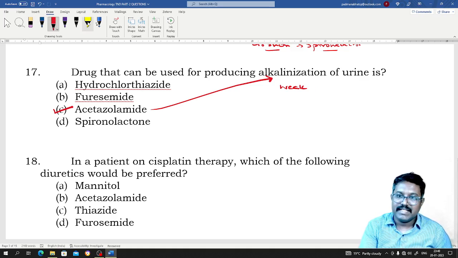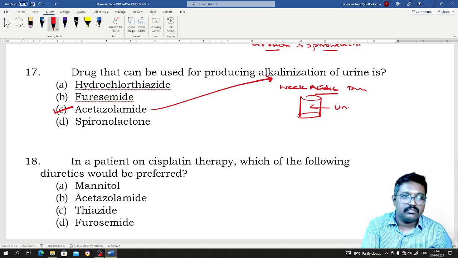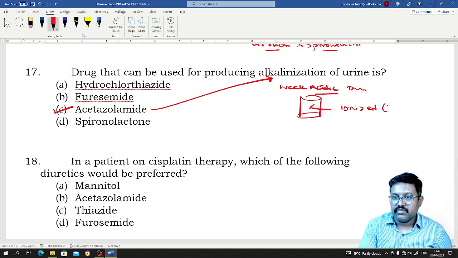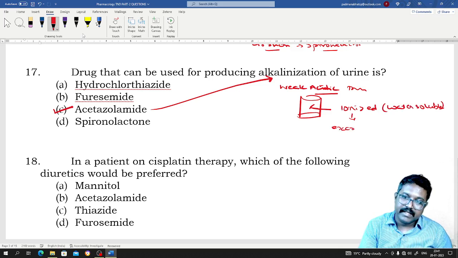So it is the weak acidic drugs you need to alkalize. So what will happen when you alkalize the urine? There will be more of ionized forms, which are water soluble, so that it can be easily excreted. So that's why acetazolamide is used for alkalization of the urine.